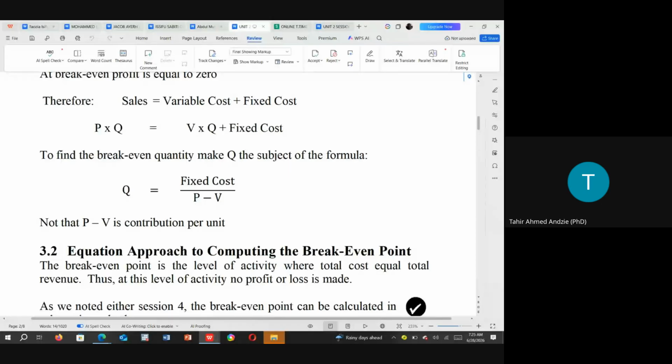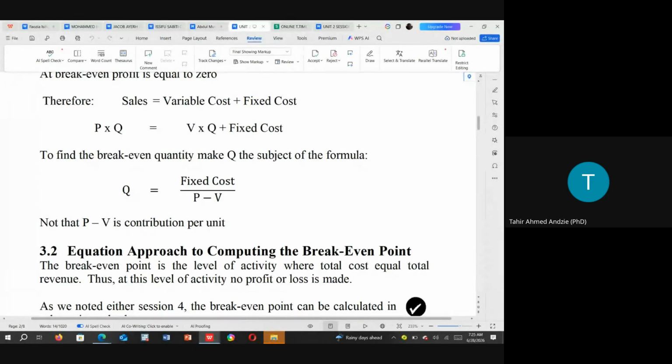This formula can be varied, right? We can look at the break-even point in units and in value. So break-even point in units is simply the quantity to produce at the break-even point. That is equal to fixed cost over contribution per unit, where contribution per unit is equal to selling price minus variable cost per unit.